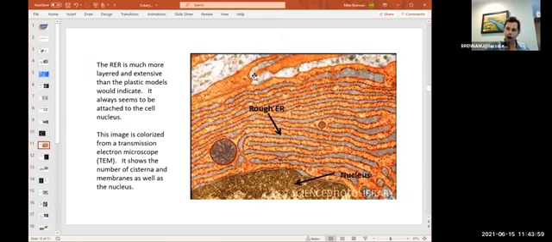Okay, the RER, in real life, IRL, is way more layered and extensive than the plastic models that we have would indicate. In order to replicate the level of complexity you see here on this microscope image on our plastic model, they'd be running $1,000 a pop instead of $430 a pop.